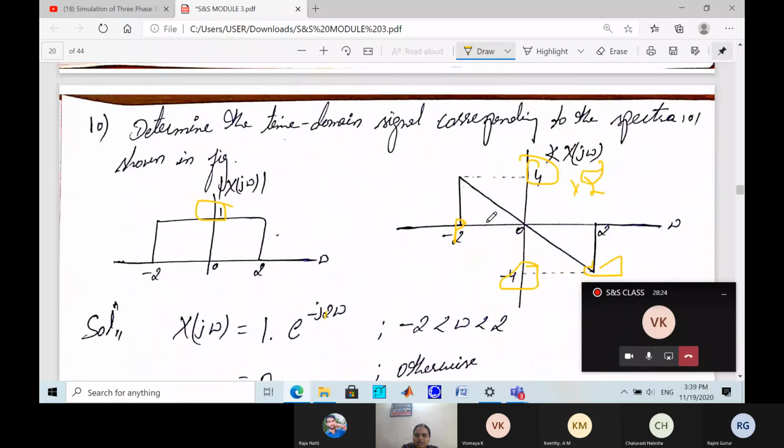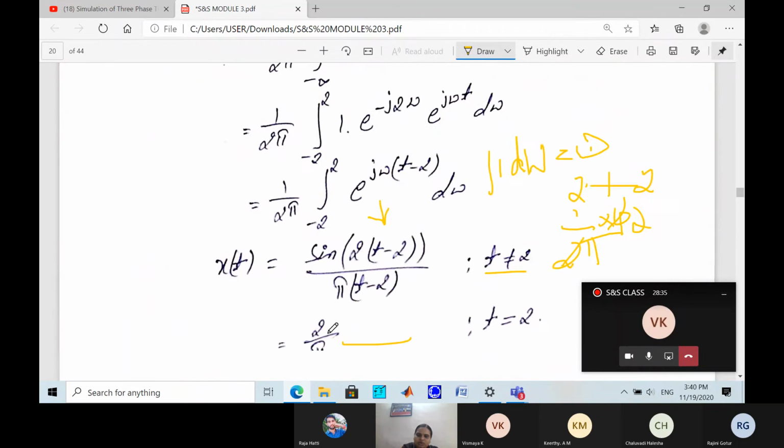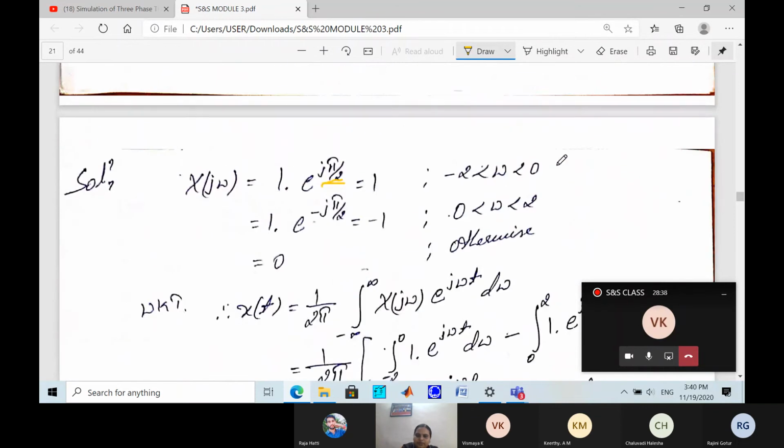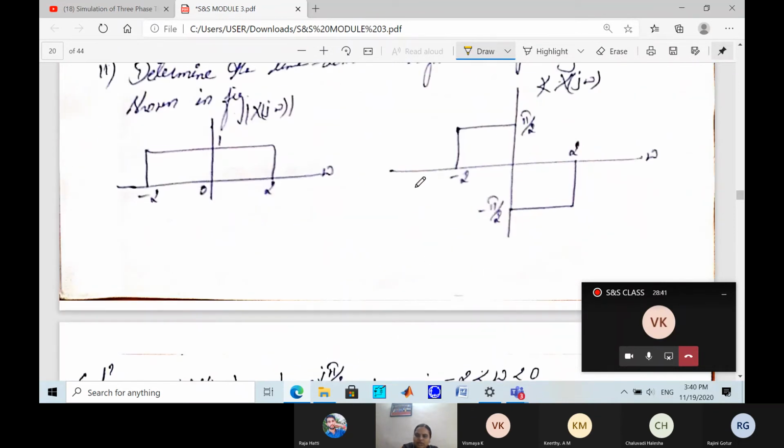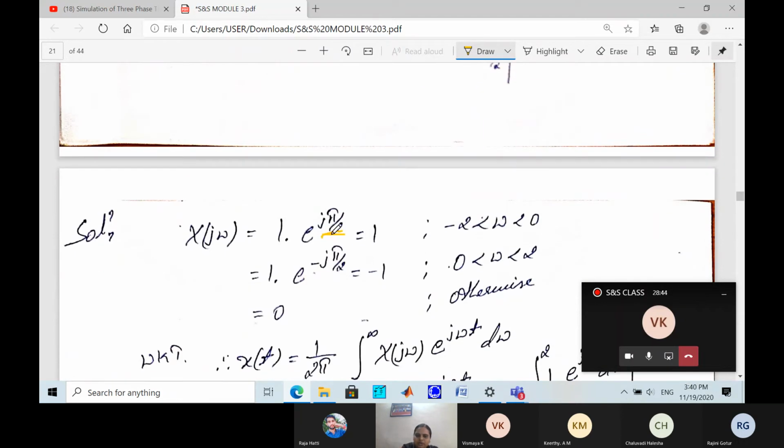In the previous case, the maximum that came was 4, when omega is 2, that is 2 into 2 gives 4. The same way you have to go here, but the signal exists from 0 to 2. Here the angle is pi by 2, and when omega is minus 2 to 0, e raised to j pi by 2 is cos minus j sine, and pi by 2 gives 1 when you solve.